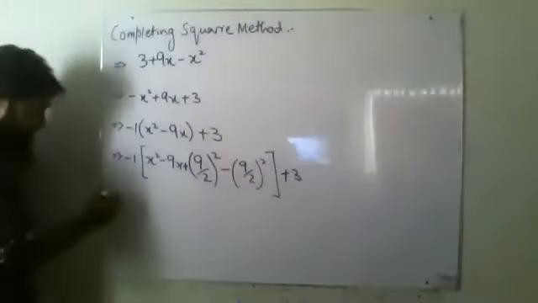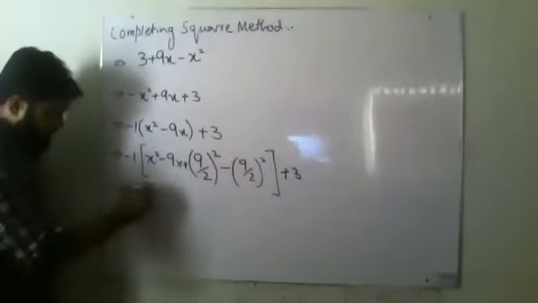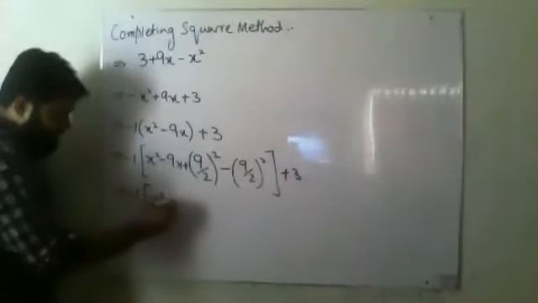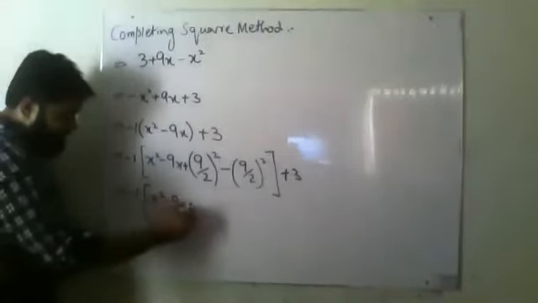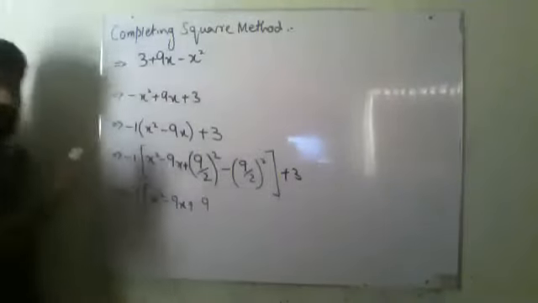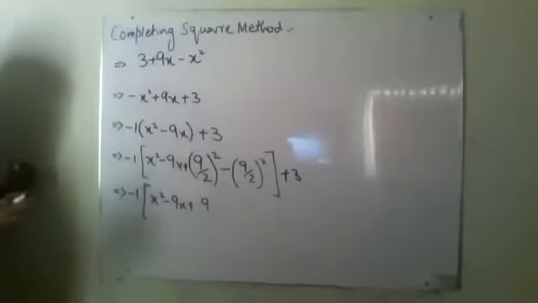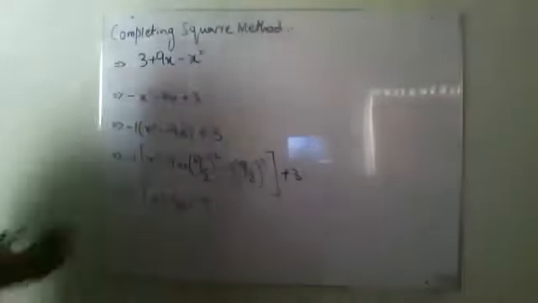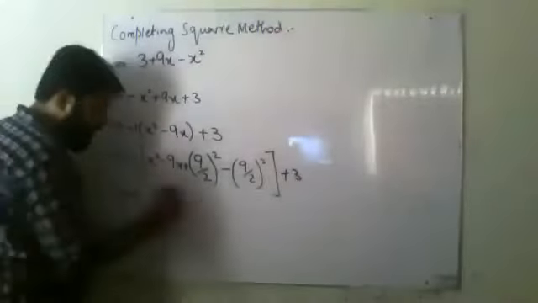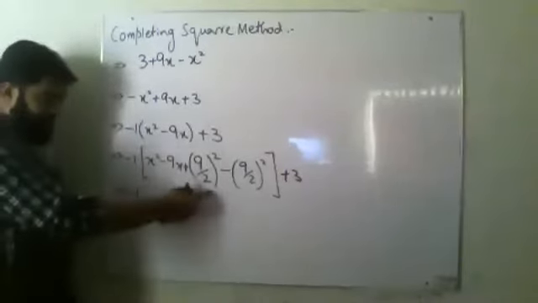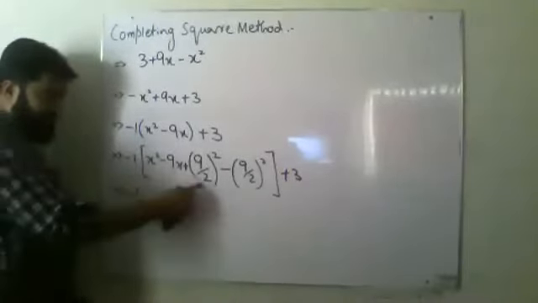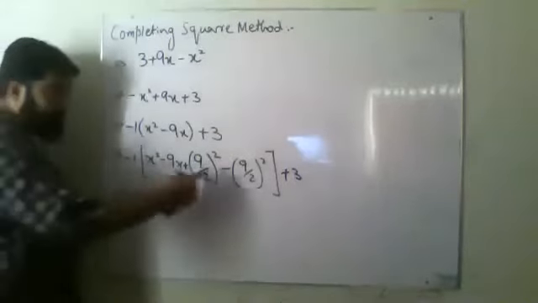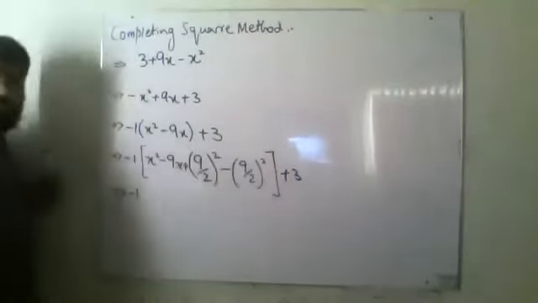Simplifying it further, minus 1. This will become x squared minus 9x plus 9 over 2 whole square. Don't apply square on this one, I'm going directly over here. Now the positive one will be included with these two terms, and the negative one I'm not going to use.